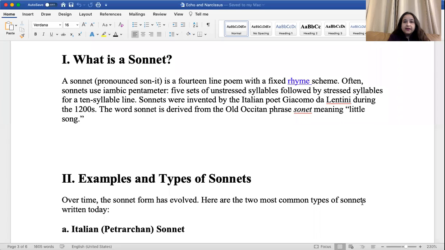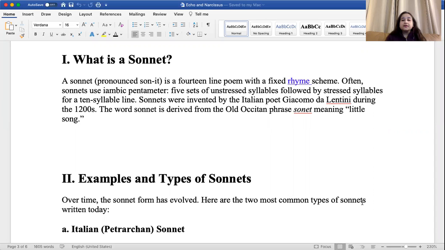All right. And here, for the case of sonnet, we are talking about a 14-line poem. So basically, a sonnet is a 14-line poem and it has a fixed rhyme scheme, meaning the first, second, third, fourth sentences rhyme with each other in a typical pattern.